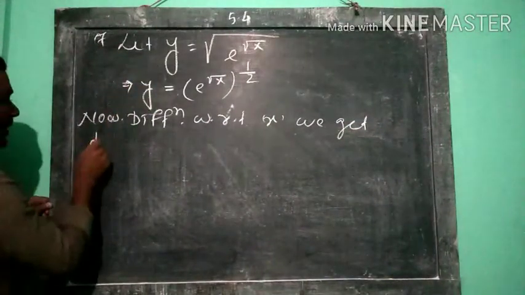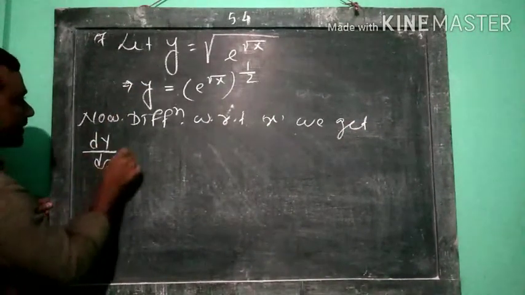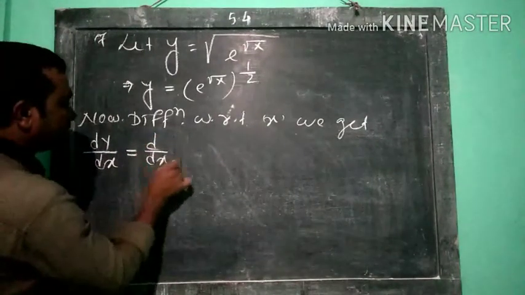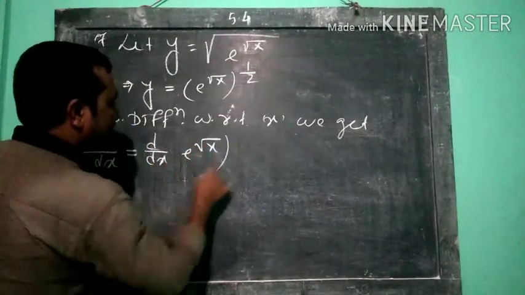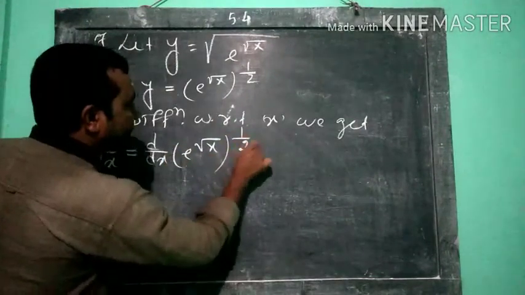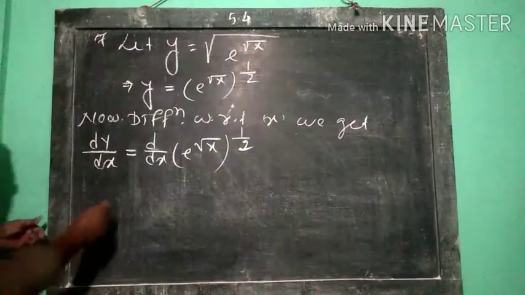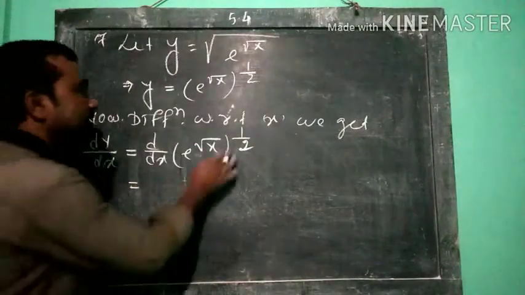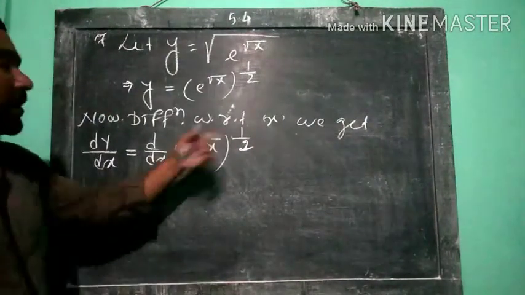This is dy/dx, equal to d/dx of e to the power root x whole to the power 1 by 2. If we differentiate this, suppose this is x, then x to the power half.